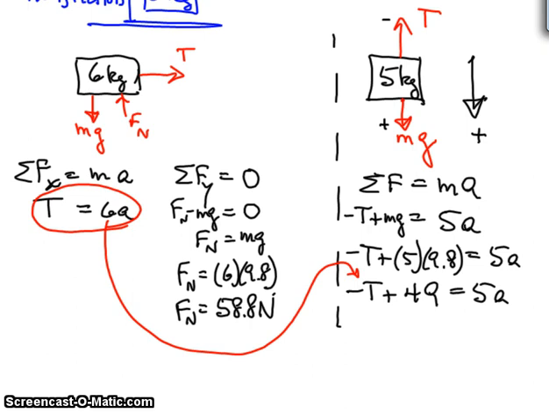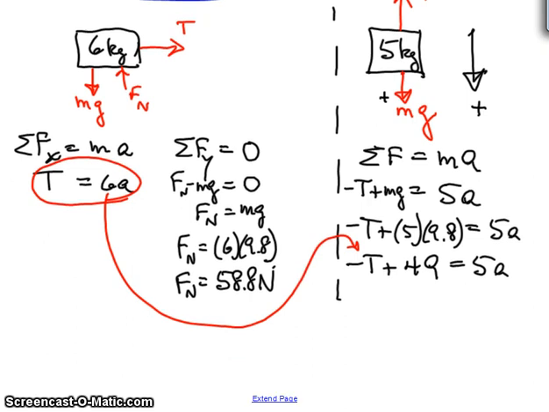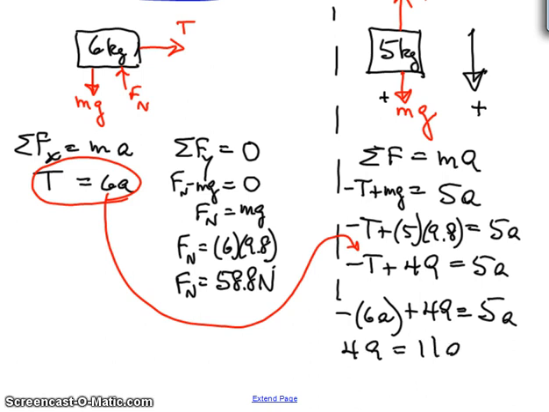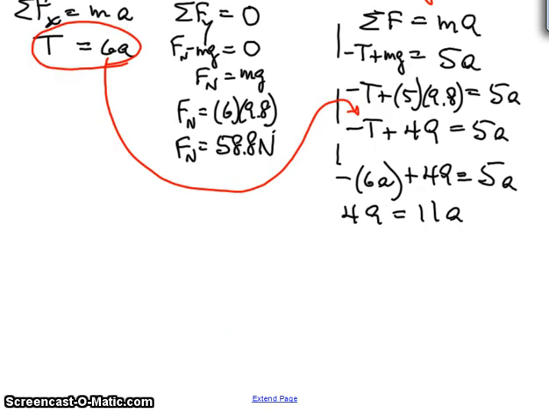So what we get is minus 6a plus 49 equals 5a, or 49 equals 11a.